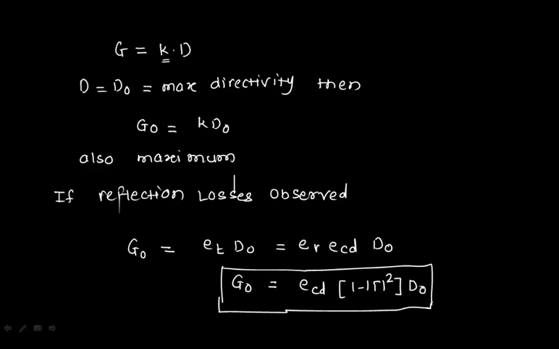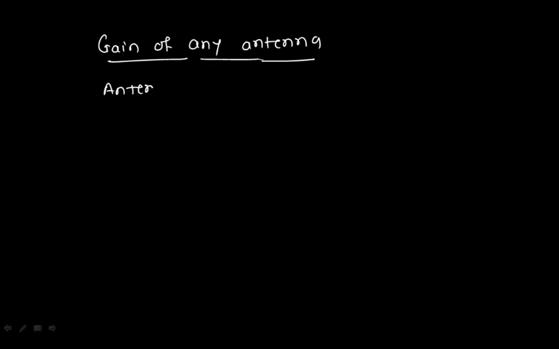Now gain can be measured by comparing the radiation intensity of the antenna under test with a reference antenna. Suppose I want to measure the gain of any practical antenna. That antenna will be called the antenna under test, which will be represented by AUT.